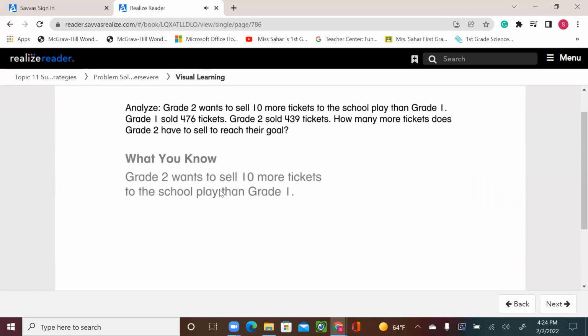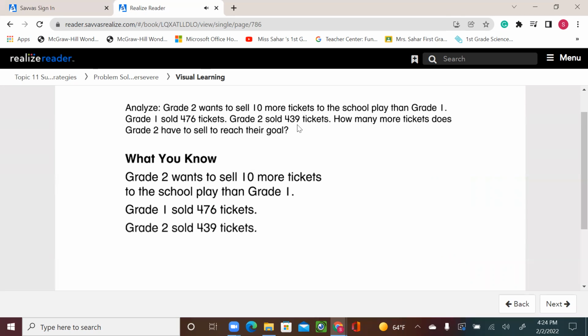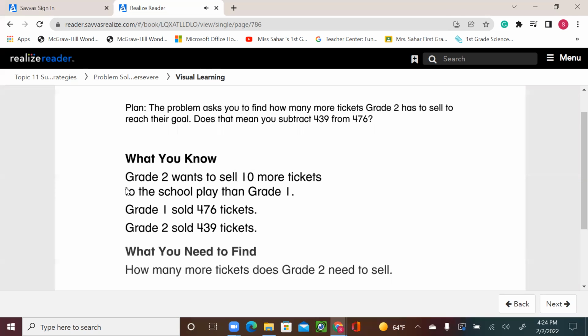Analyze. Grade 2 wants to sell 10 more tickets to the school play than Grade 1. Grade 1 sold 476 tickets. Grade 2 sold 439 tickets. How many more tickets does Grade 2 have to sell to reach their goal? Plan. The problem asks you to find how many more tickets Grade 2 has to sell to reach their goal.